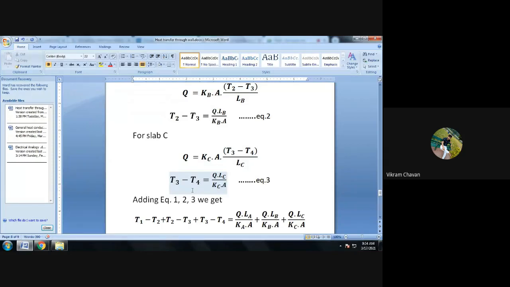So we will get T3 minus T4 equal to Q multiplied by L suffix C divided by K suffix C multiplied by A. Now we have the three equations in the form of a temperature difference.